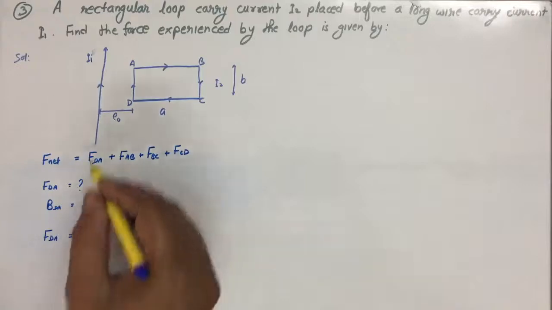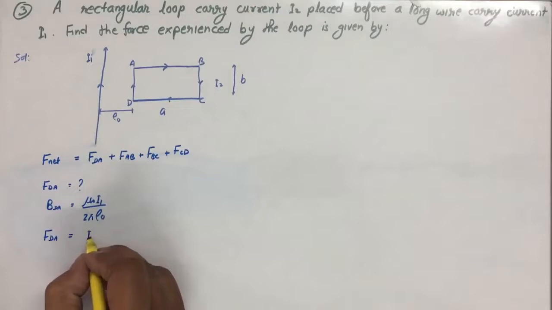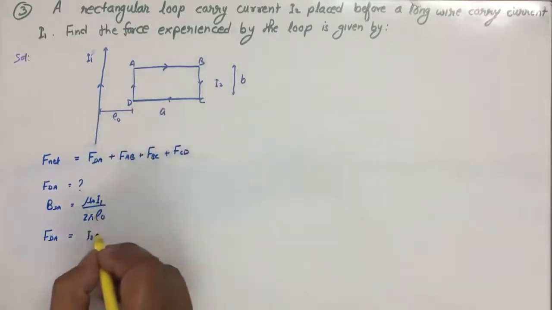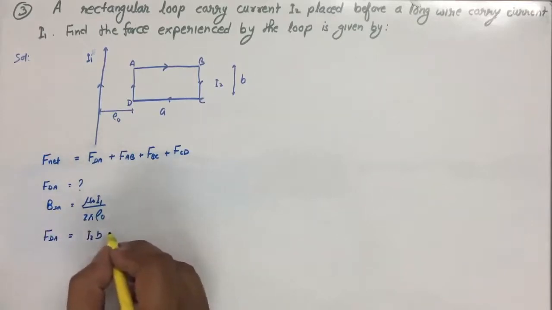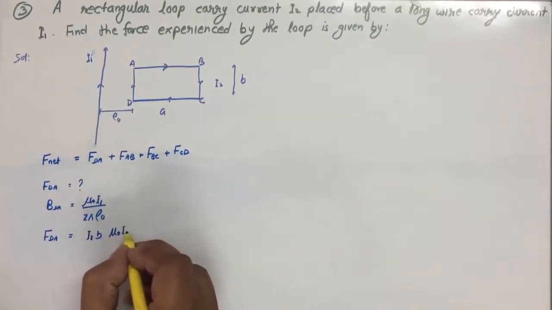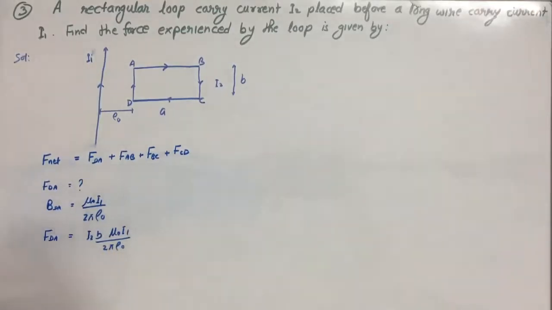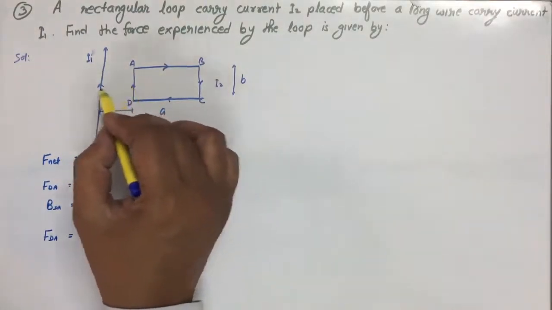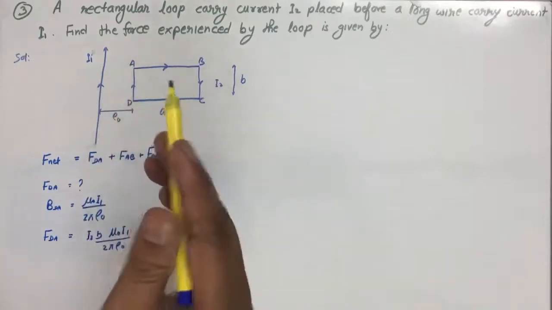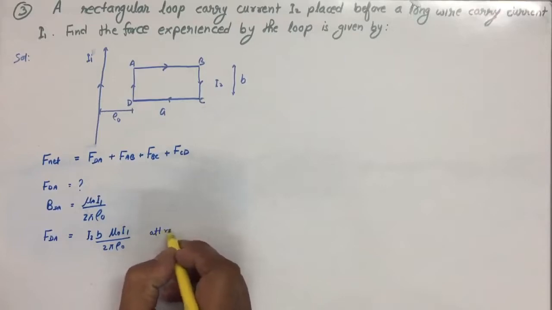I is I2, L is B, and B at DA is mu naught I1 divided by 2 pi rho naught. And as the current is in the same direction, the force between these two will be attractive. We have discussed this in detail. Attractive force.